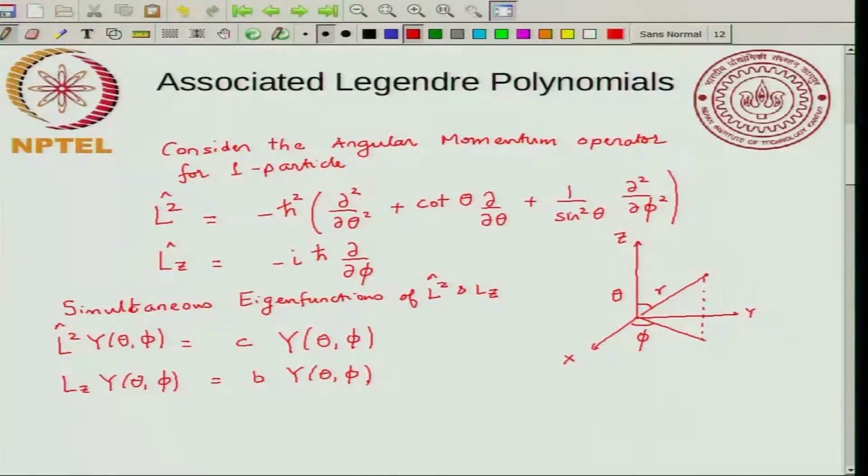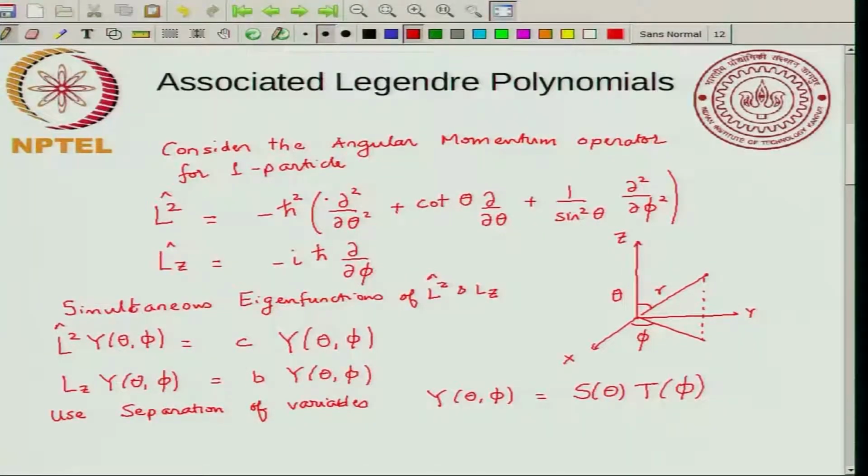Before we do that, note that this is a function of two variables, so we'll use separation of variables. We write y of theta phi as a function s, which is only a function of theta, times t, which is only a function of phi. We substitute this in these equations.